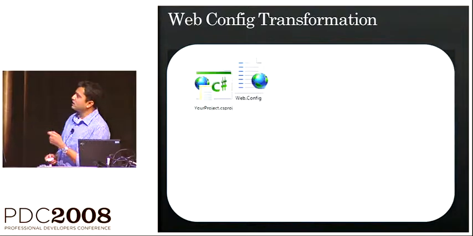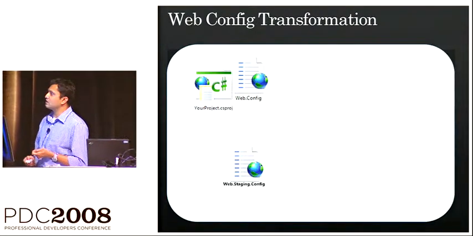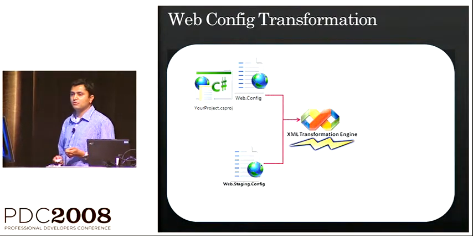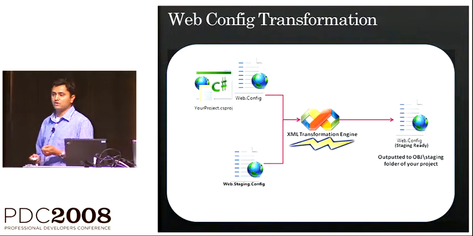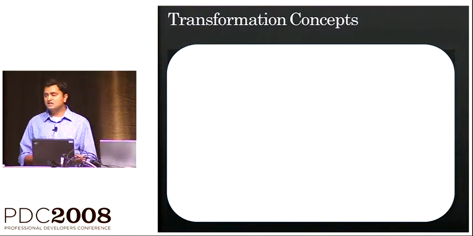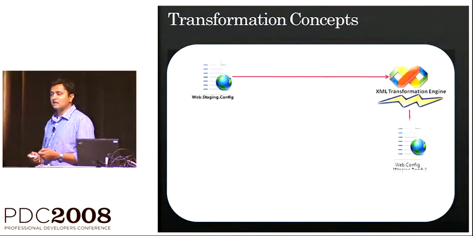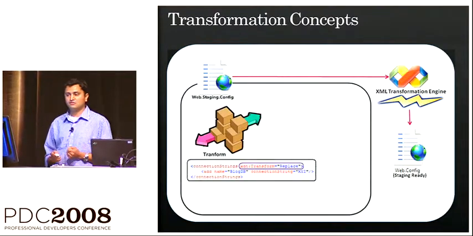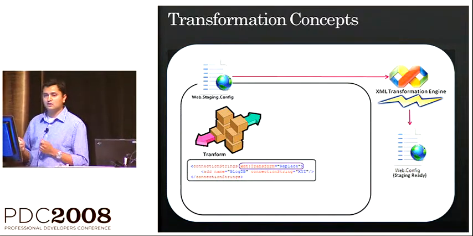Let's next really quickly look at how this actually works. So you've got web config in your web project. Now you've got web.staging.config. We have an XML transformation engine, which takes these two files and goes ahead and emits a web config file. Some of the concepts worth noting is that when you have this transformation happening, we have a concept called transform, and it looks like that encircled one.